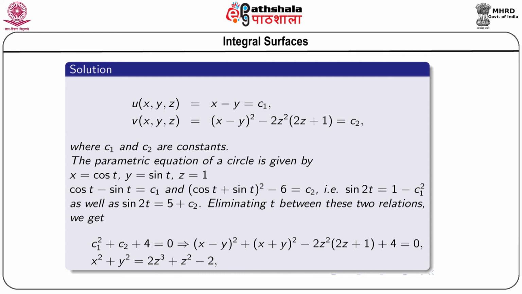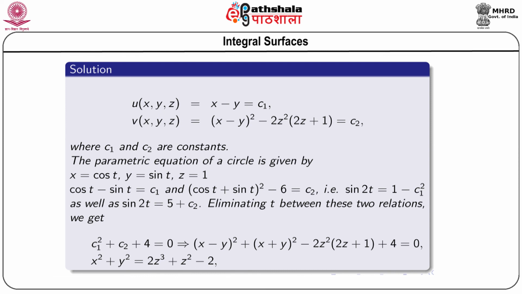From these two equations we can eliminate t to obtain a relation between the constants c1 and c2, like c1² + c2 + 4 = 0. Now, we substitute the values of c1 = x − y and c2 from the expression for v.